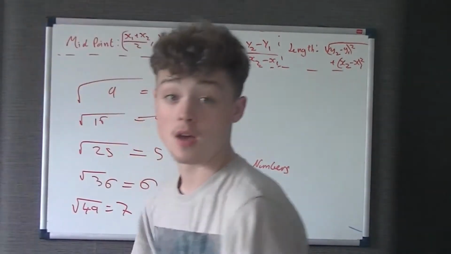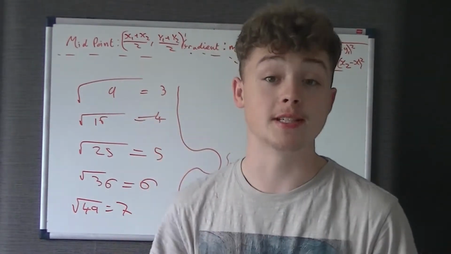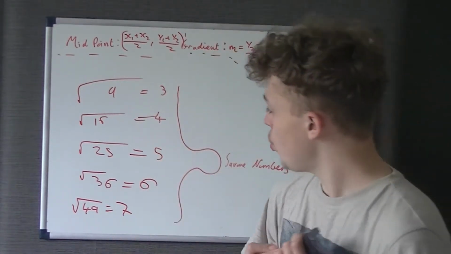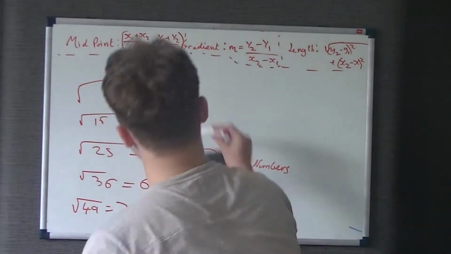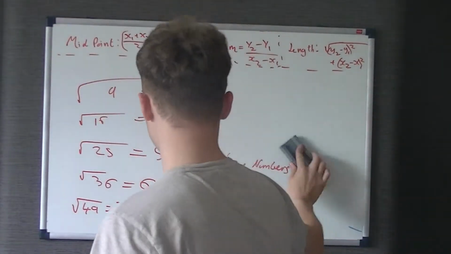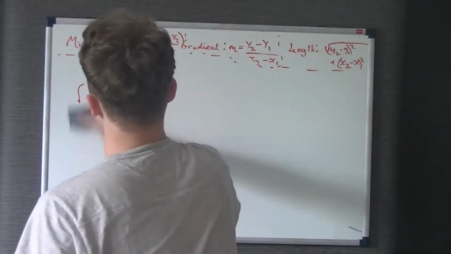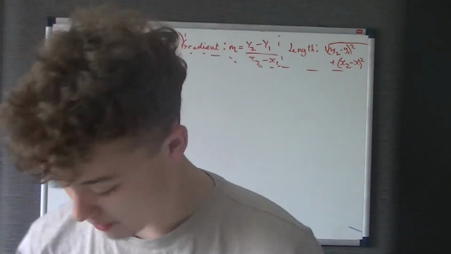So as you can see, they are square roots and they equal a number which isn't a square root. Now what we do is we don't pick just a square number and know what this number is going to be. If we've got root 200, for example, we say, right, imagine the roots aren't there. What two numbers multiply to make 200?